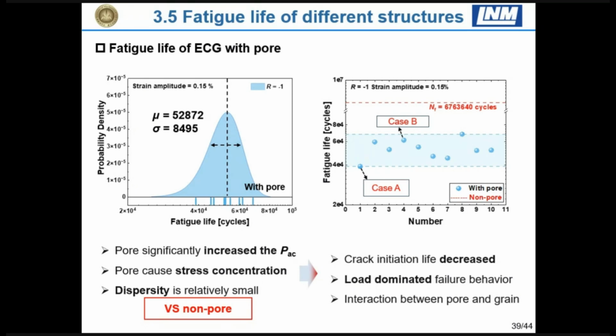This red line shows the fatigue lifetime without a pore. And these several points show the fatigue lifetime predicted with a pore. Here we can clearly see that the fatigue lifetime will decrease significantly if there are pores or lack of fusion, and of course the interaction between pore and microstructure will decrease fatigue lifetime significantly.